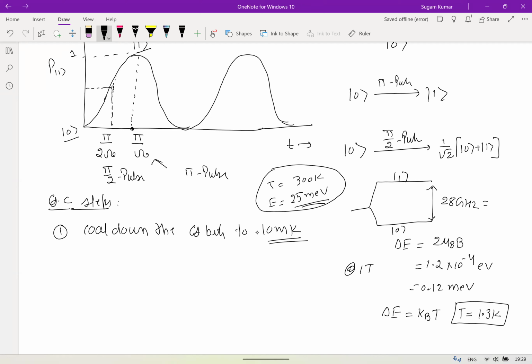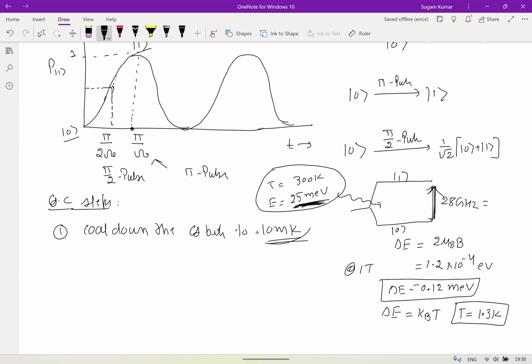It means from the environment you are giving energy of 25 meV, and for this transition, the energy required is only 0.12 meV. You can see that at this temperature, the spin will keep fluctuating between 0, 1, 0, 1, 0, 1.